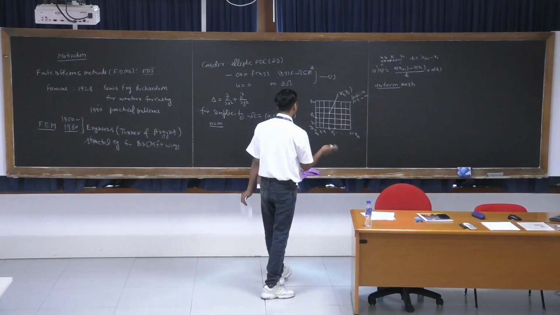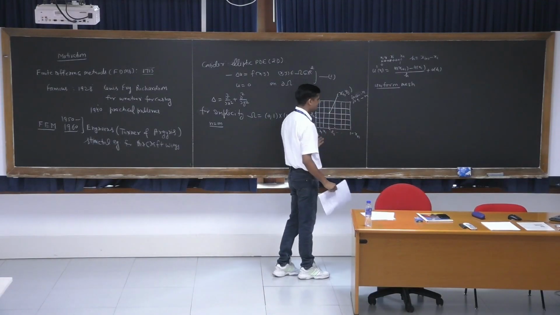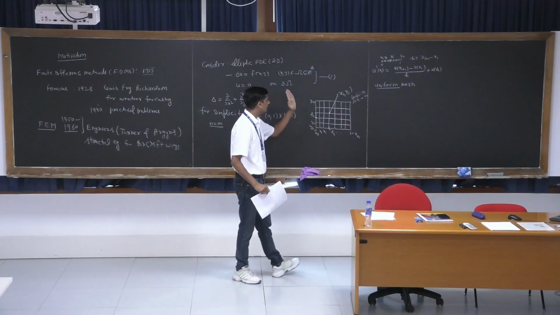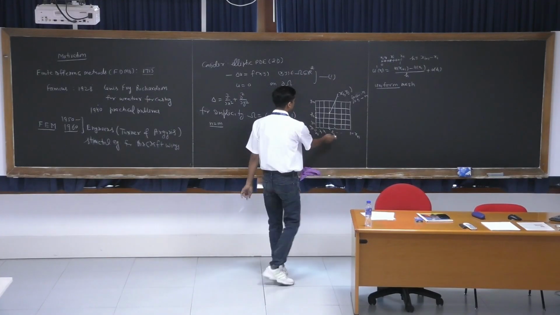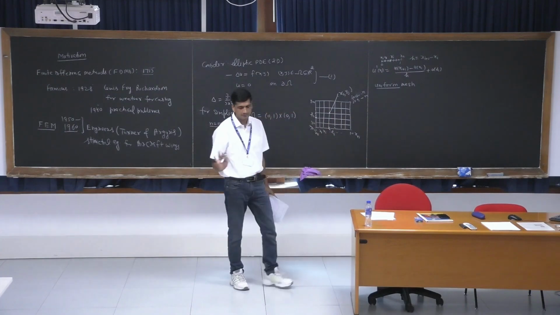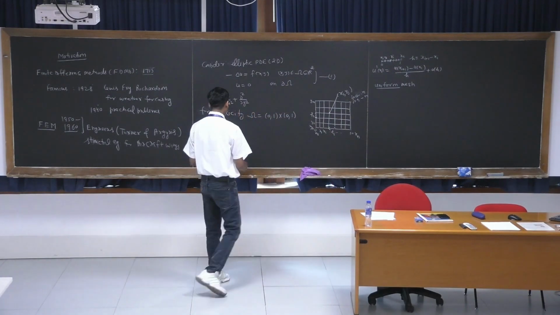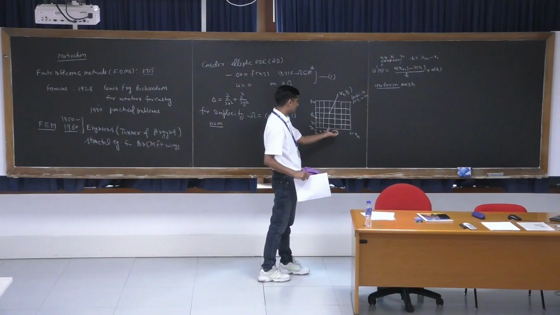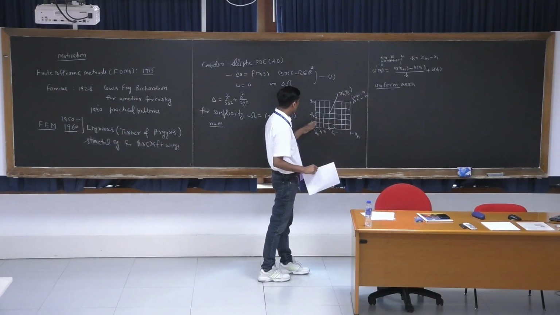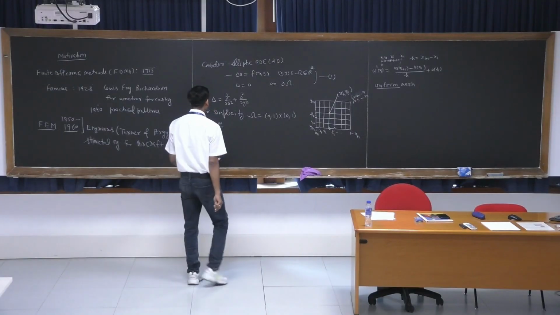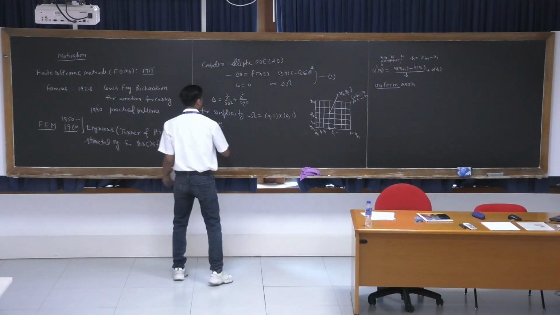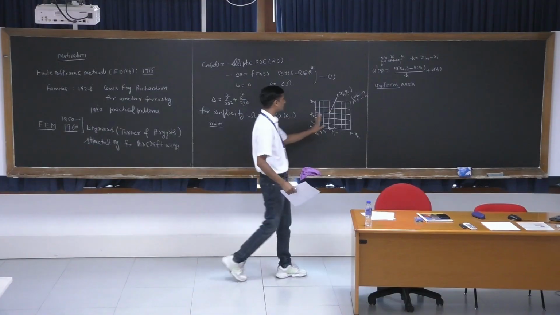Means I am taking both step lengths, in the x direction and the y direction, to be h, that is the same. But you can take h or k; people use this also. But for simplicity, I am just explaining that you can take h step length in the x direction and h in the y direction. So first of all, discretize the domain.